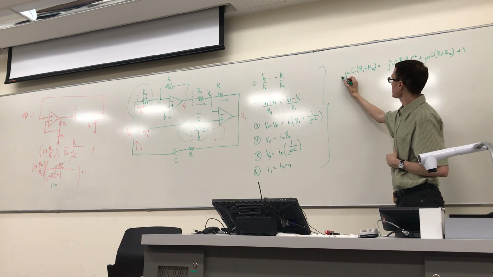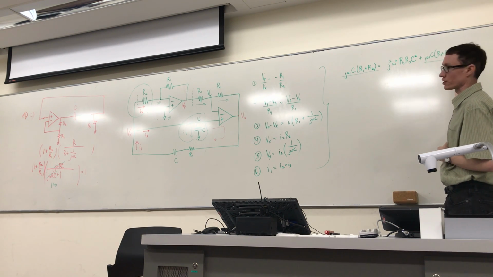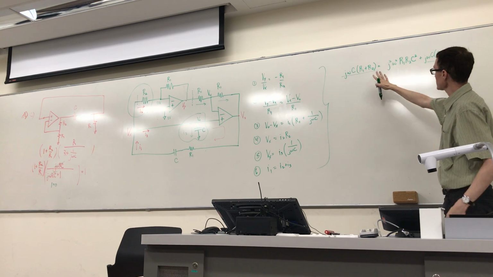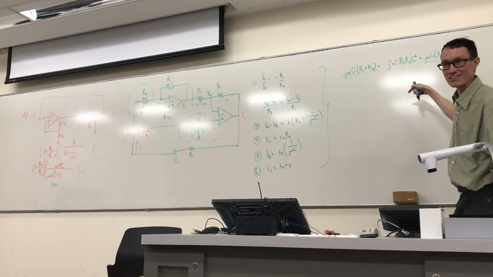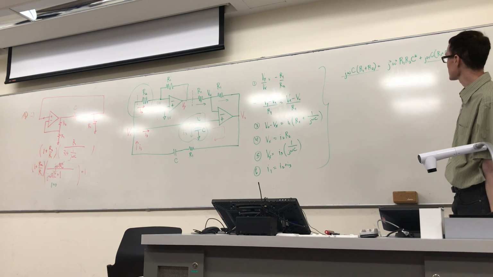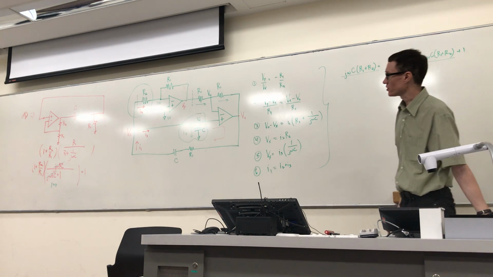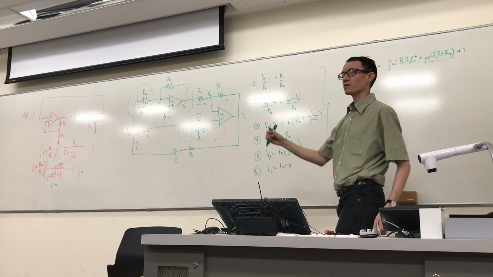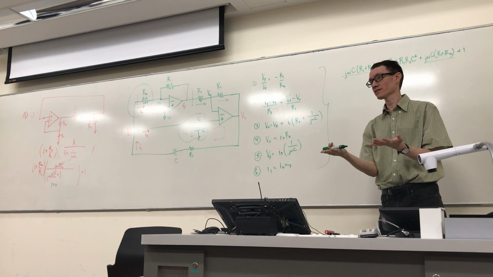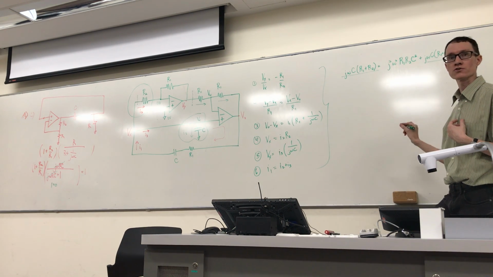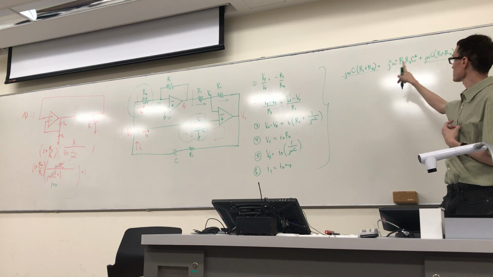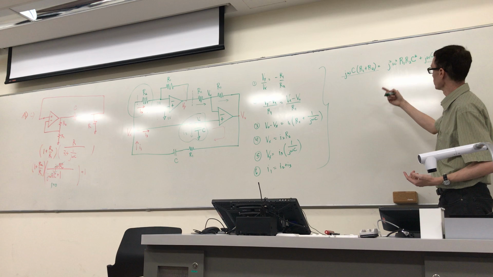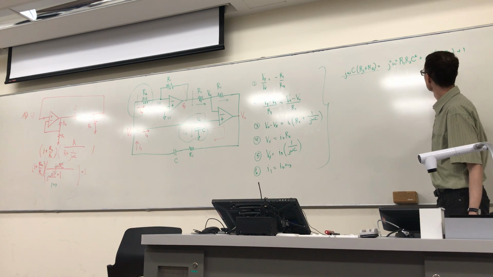We can set the imaginary parts equal to each other. In this case, it's very special because the imaginary parts are already equal to each other, right? And that's unusual. In the circuits that I solved before, the imaginary parts were not equal to each other. They're only equal to each other for certain values of the gain, right? For this particular oscillator, they're already equal, so no problem, right?